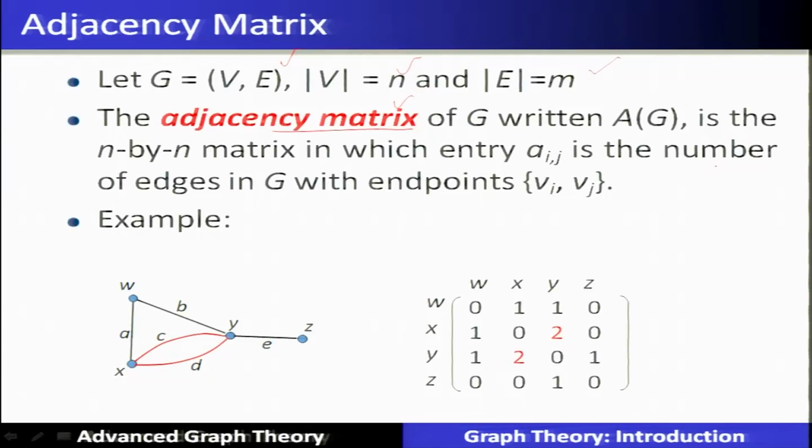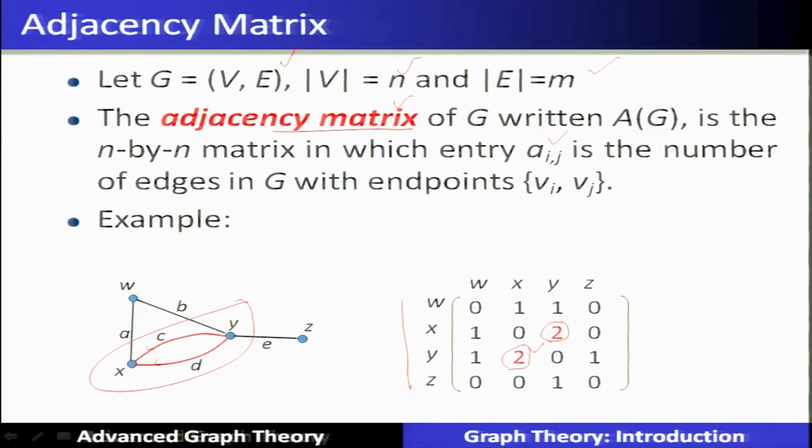For example, y and x. If you take this particular example, x and y. Between y and x there are two different edges which are connecting them, so the Aij entry will be 2. Similarly, x to y is also 2, because from x you have two different edges between these endpoints Vi and Vj.